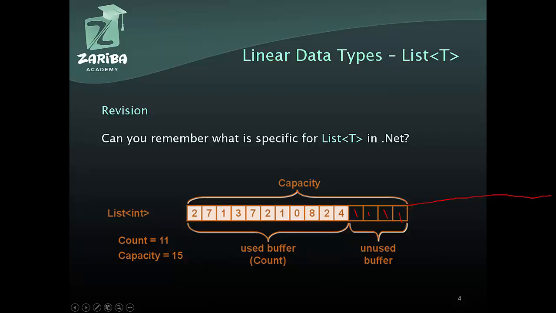So we make a big array, and then we'll add the new value. Normally it's assumed that the new array is going to have double the capacity of the previous one.